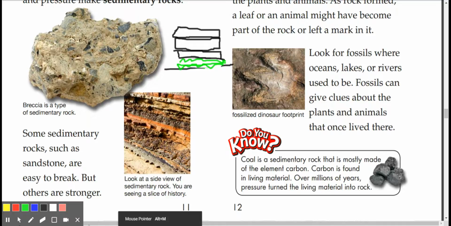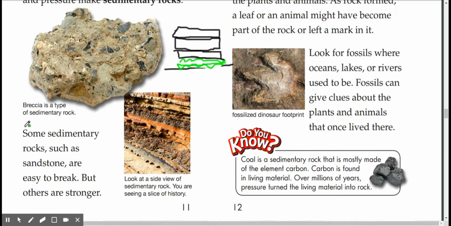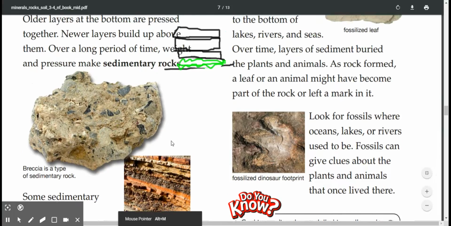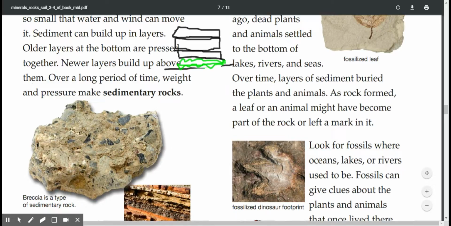But if you start applying pressure, if you put these books, or if you put your hands on top of them, and you squish them together, what's going to happen? They're going to stick together, right? So that's what we talk about with pressure. When we talk about the weight and the pressure make sedimentary rocks.